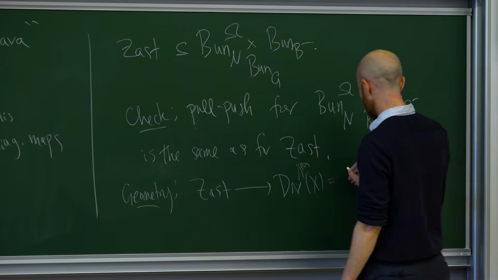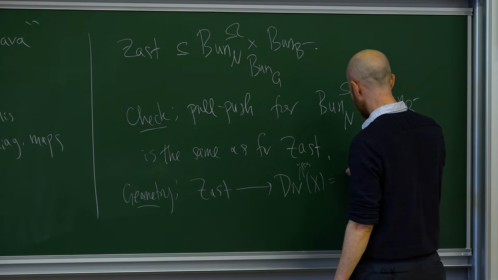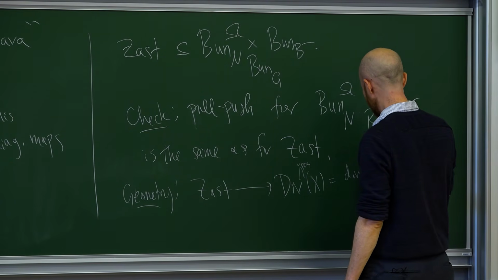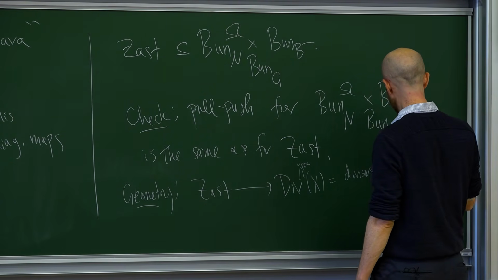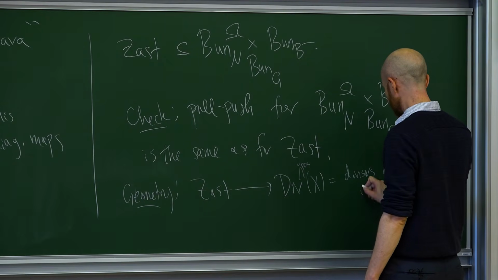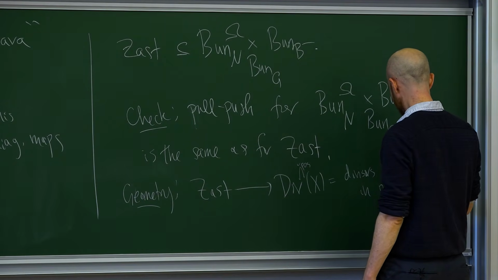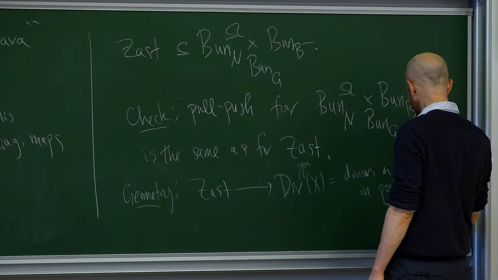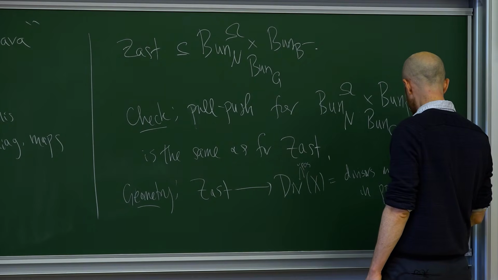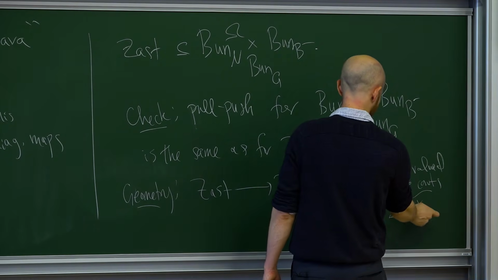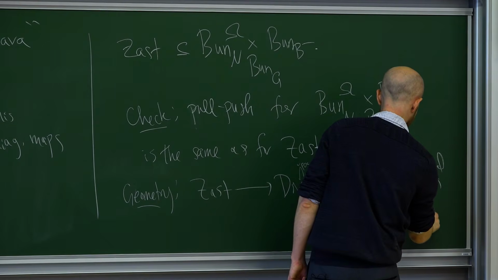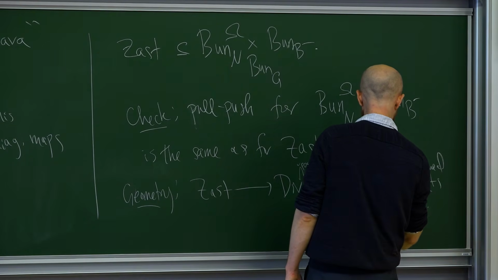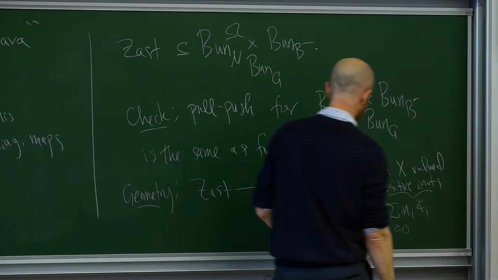So these are divisors on X valued in positive co-weights, where positive co-weights means divisors of the form the sum of n_i alpha check i. So these are the simple co-roots. And of course, all of the n_i's are greater than or equal to 0.